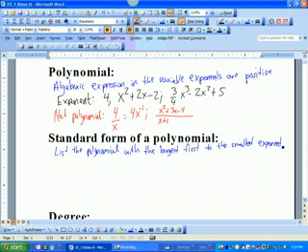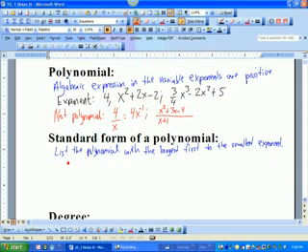So if I take a look at the examples we have, in the first case, 4, well, we only have one term, so that's automatically in standard form. But if I look at the next one, the exponent is 2, the exponent is 1, I don't have an exponent, so it goes 2, 1, 0. The next one, 3, 2, 0. I can skip as long as I have the biggest exponent first.